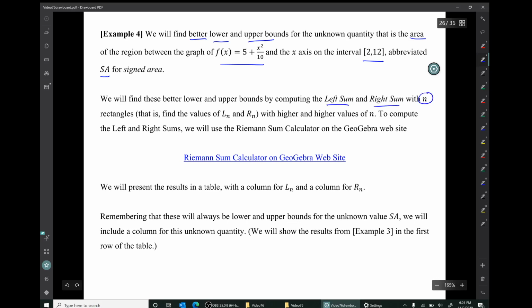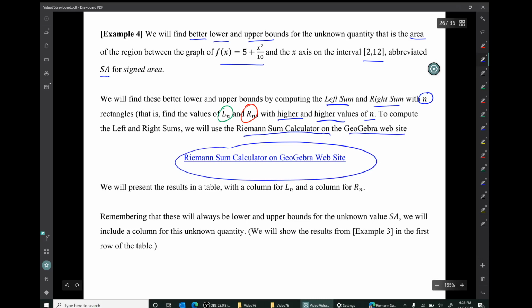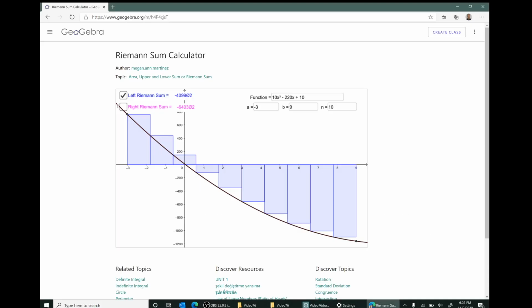That is, find the values of L subscript n and R subscript n with higher and higher values of n. To compute the left and right sums, we'll use the Riemann sum calculator on the GeoGebra website. Now this link is actually not working. It's not an active link in the notes for this drawing program. So I just have this website open.